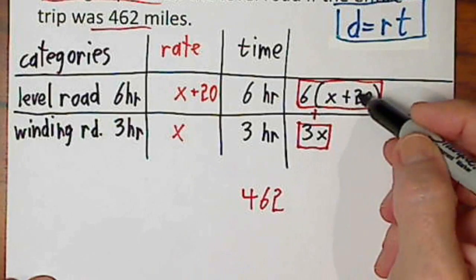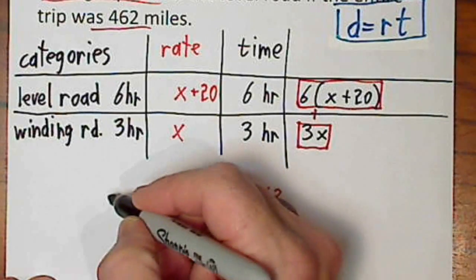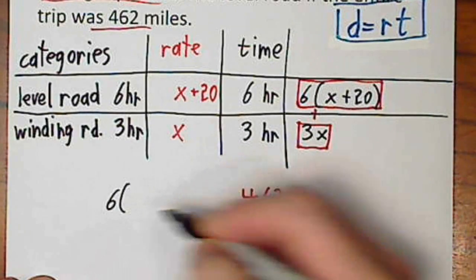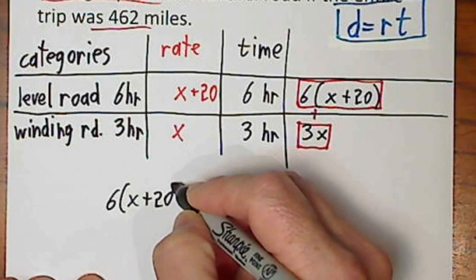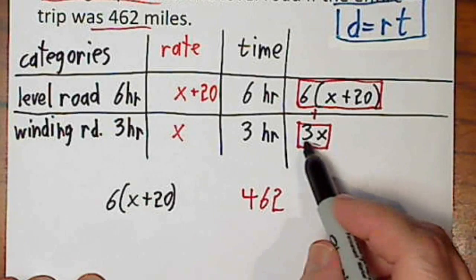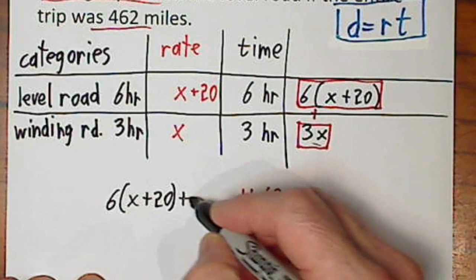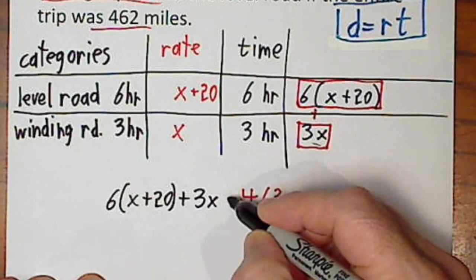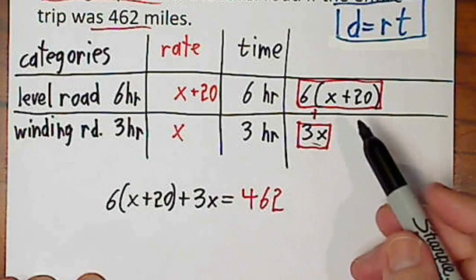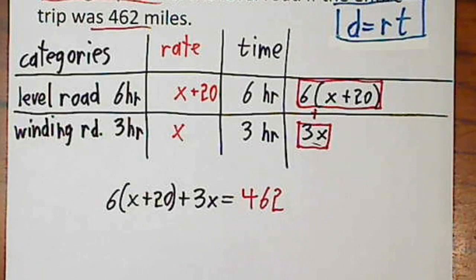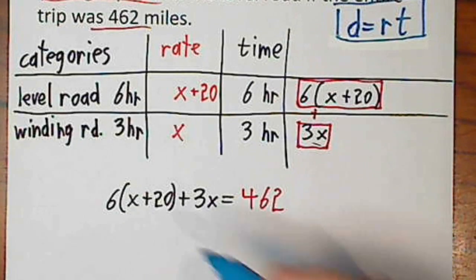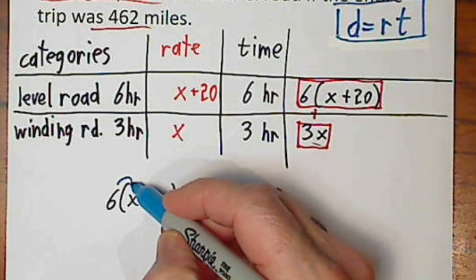So we have 6 times that quantity plus that quantity, 3x. That's equal to 462 miles. Okay. Now we're going to solve for x. And of course, got to get this guy out of parentheses.